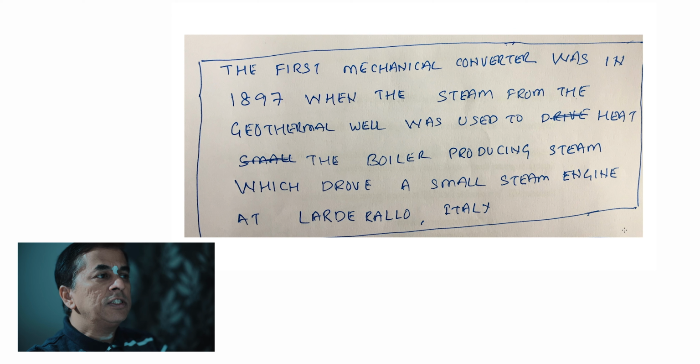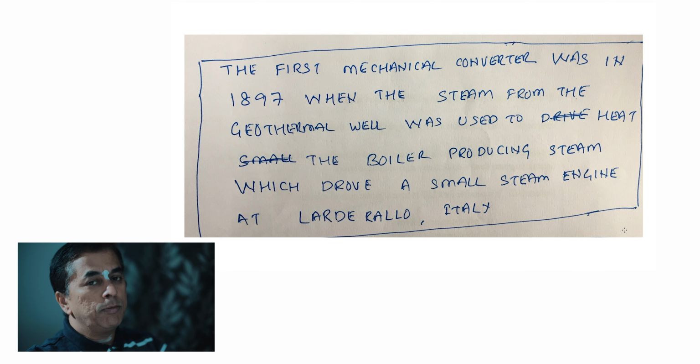Now, the first mechanical converter was in 1897, when the steam from the geothermal well was used to drive a boiler, and this boiler was producing steam. That steam was used for running a steam engine at Lardarello, Italy, where the first application took place in 1897.